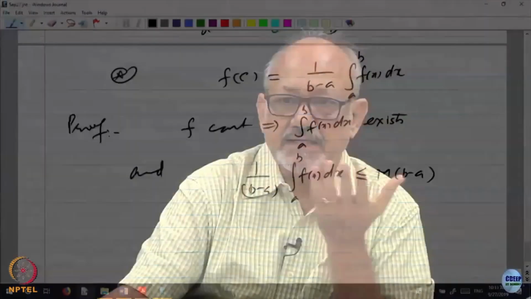Because you take the partition with endpoints A, B only, M is the supremum on the interval AB, so M times the length. That is the upper sum with respect to the trivial partition, and this is less than or equal to small m.